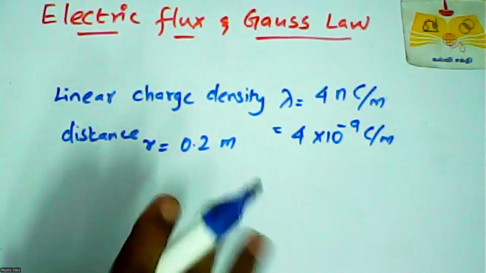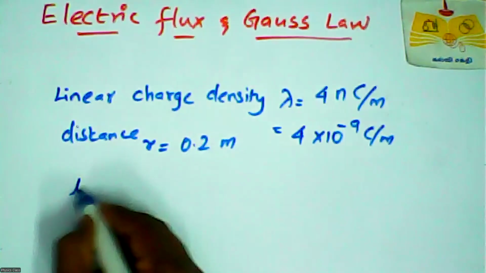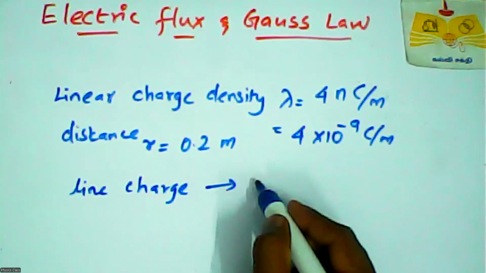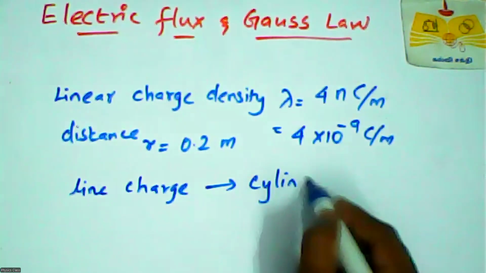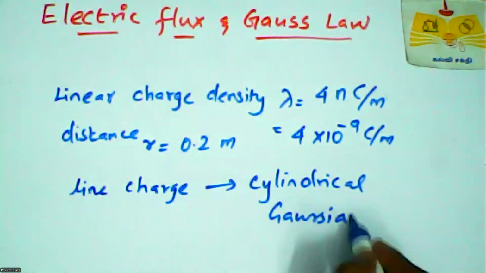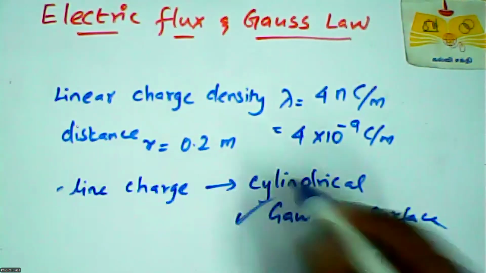For an infinite line charge, the electric field is radial and uniform. For a line charge, as I told you, we will choose the cylindrical Gaussian surface because this is the ideal Gaussian surface for that line charge.